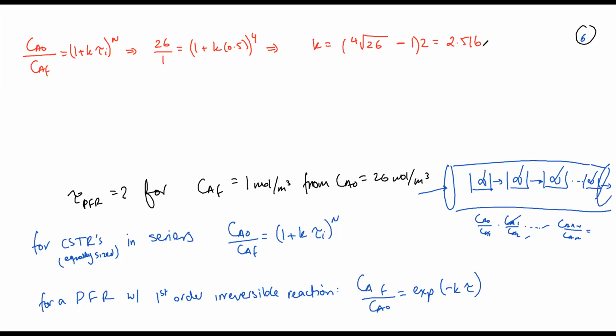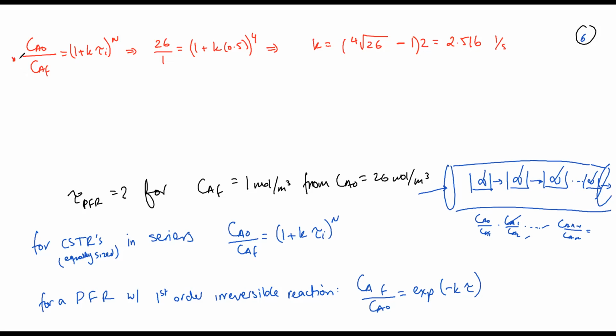And because it's a first order reaction, the units here will be 1 over minutes. Okay, so just from your first lecture, you should be able to know the units of the constant and of the reaction rate for any order reaction.